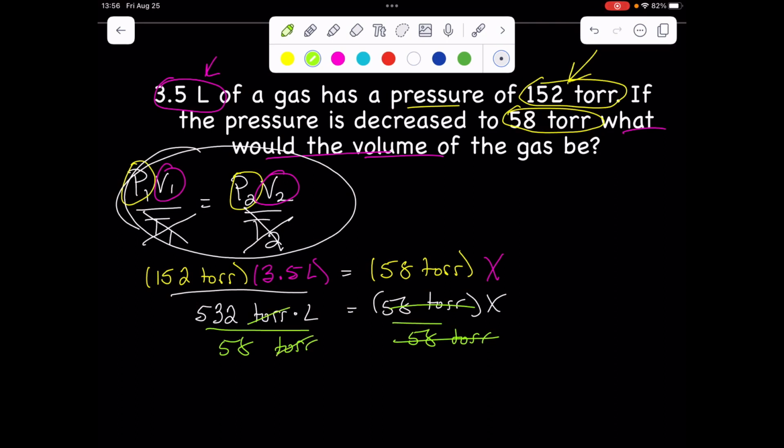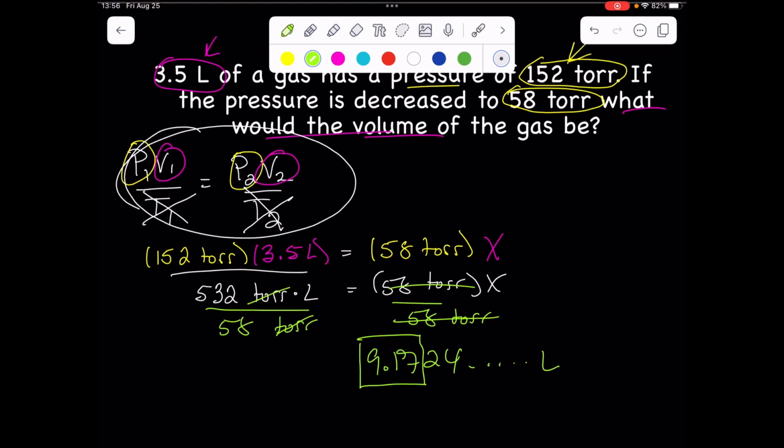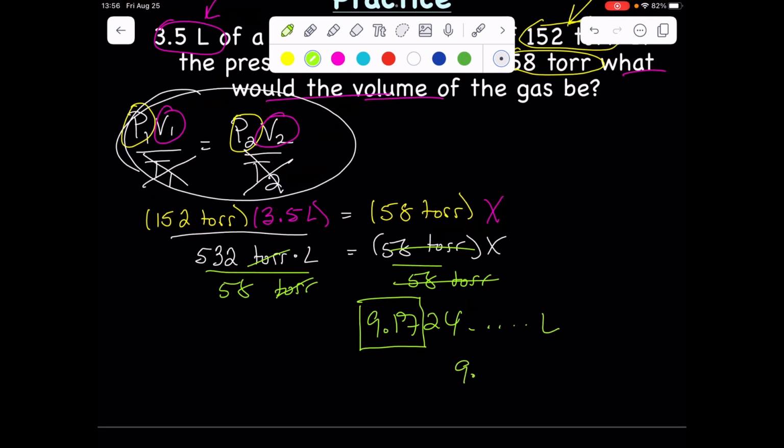Let's cross out, and that gives us, I got 9.1724 something liters. And again, we want to keep 2 digits after the decimal. So our final answer would be 9.17 liters.